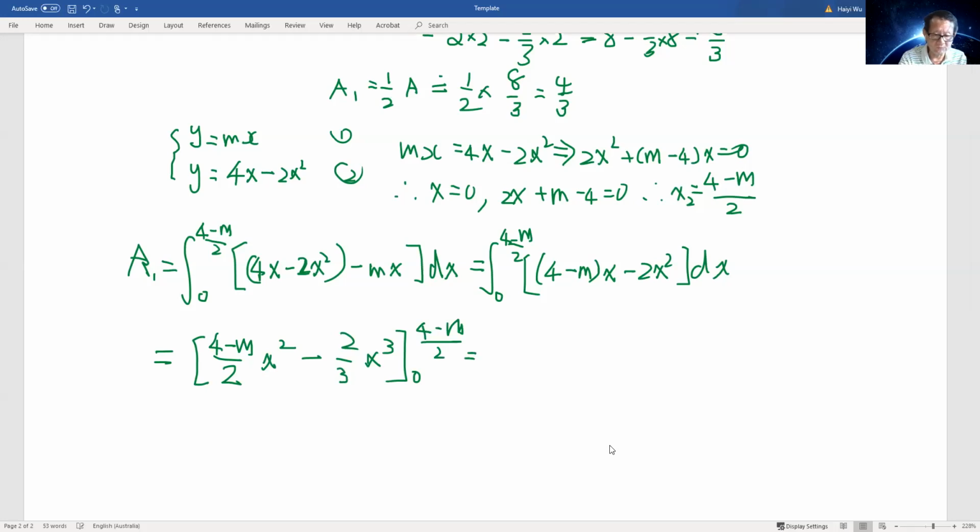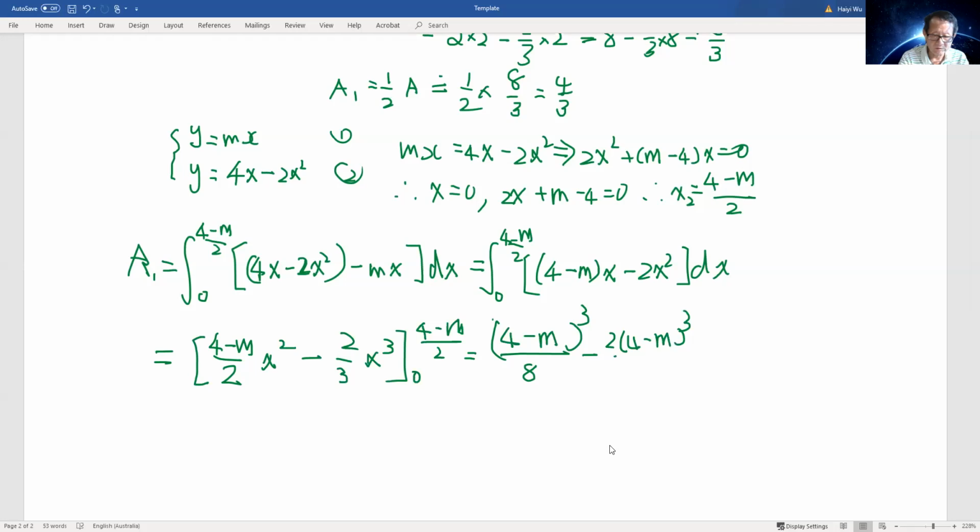Okay, so substitution, we substitute 4 minus m. It becomes squared, and put together, becomes cubed. Underneath, because we have 2 here, we put it into square, so 2 times 4 will be 8. Then this one is the same, 2 times (4 minus m) to the power of 3.